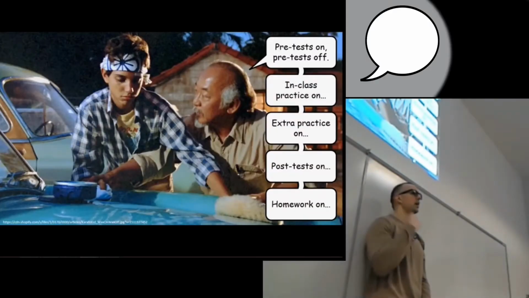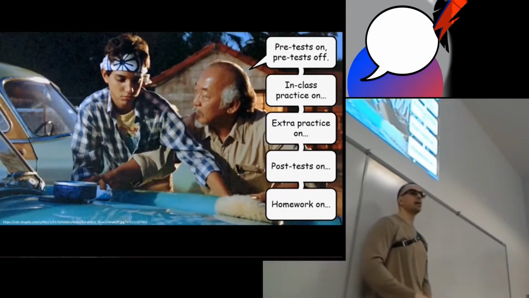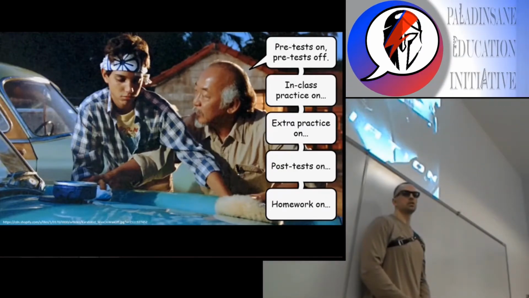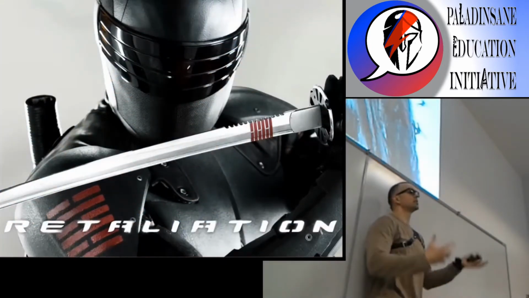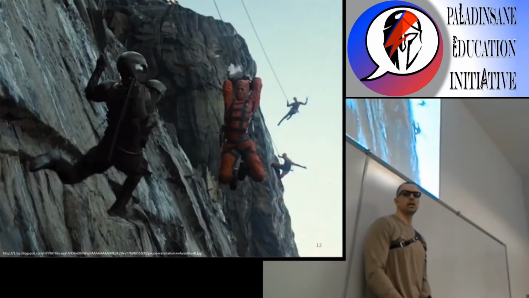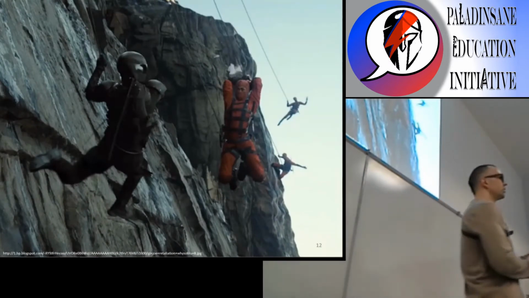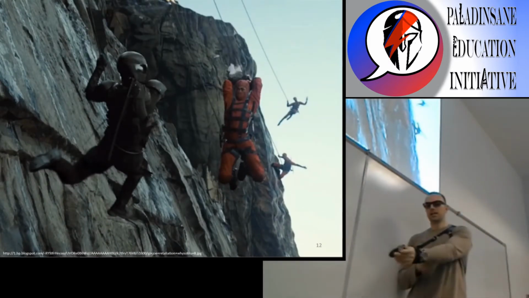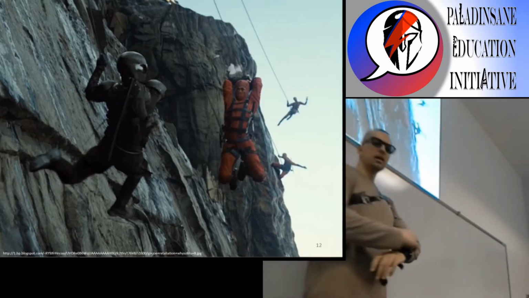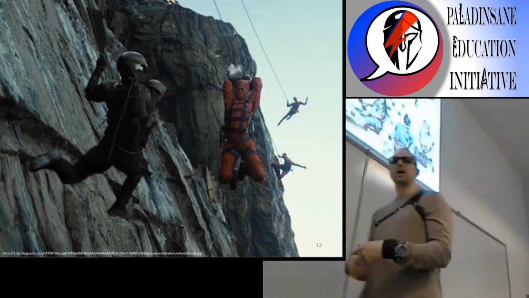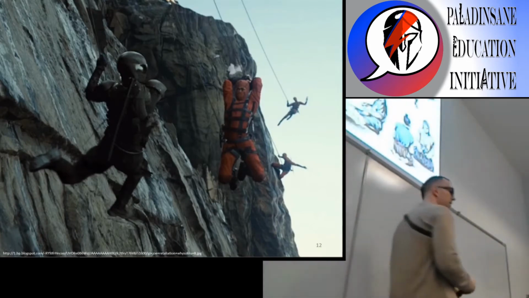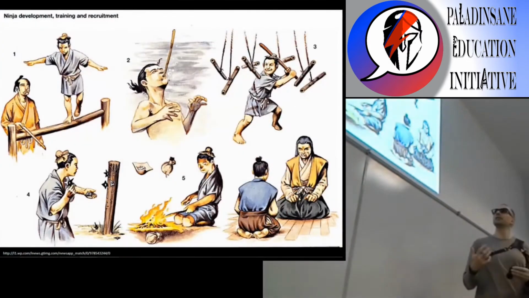This is where you get that automatic practice payoff, where we can finally start to do the super cool things, like take a look at actual psychology studies and data from those studies, and do all the cool ninja stuff that we've been building towards. Now, to keep going with that psychology ninja metaphor, I found this infographic, and these are the steps you would have in ninja development, training, and recruitment.